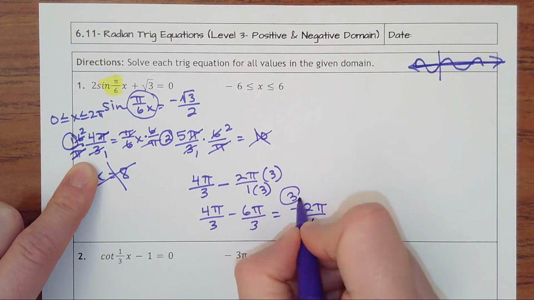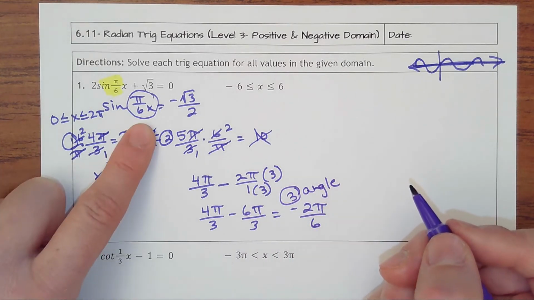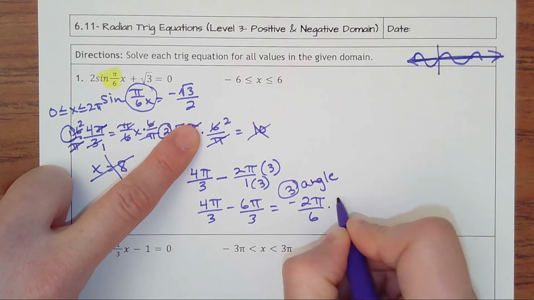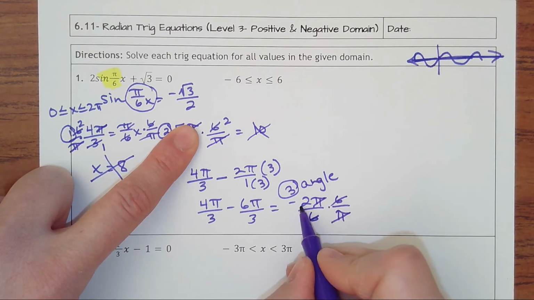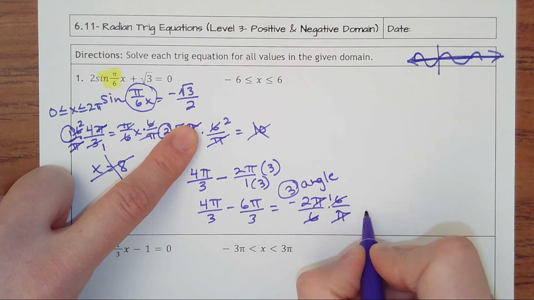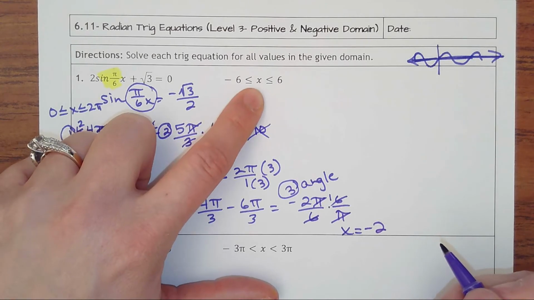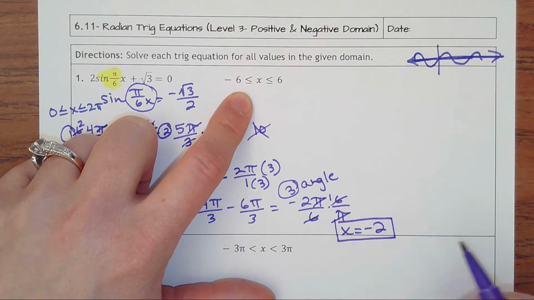That's the angle. So that's not an answer, that's the angle. Now we're setting it equal to pi over 6 times x, or I'm really going to multiply by 6 over pi, which I like because my pi's cancel and my 6's, so really that's negative 2 times 1 is negative 2. That's what x would need to be. And that is greater than or equal to negative 6. So that is one answer.